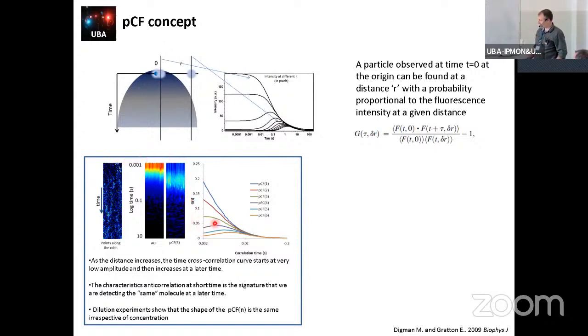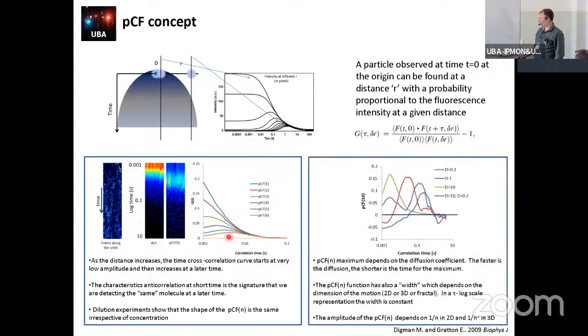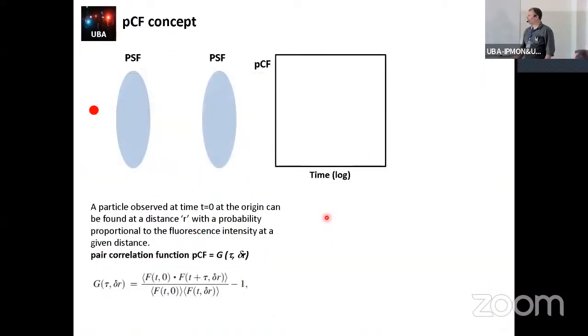And this is the reason why you get the amplitude here. And also we learned that if the diffusion is different, you will get farther or closer depending on the diffusion constant of the molecule. And this is also important for the purpose of this 2D pair correlation. But to illustrate, this is the situation.